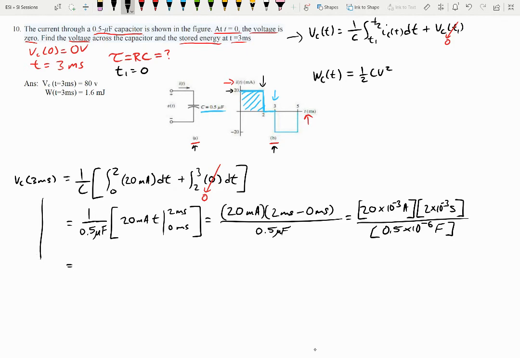And this will give us 80 volts. So there we go. That is V of C at 3 milliseconds.